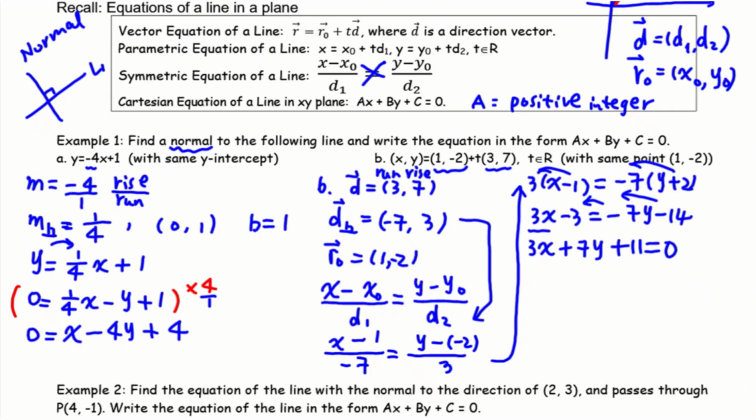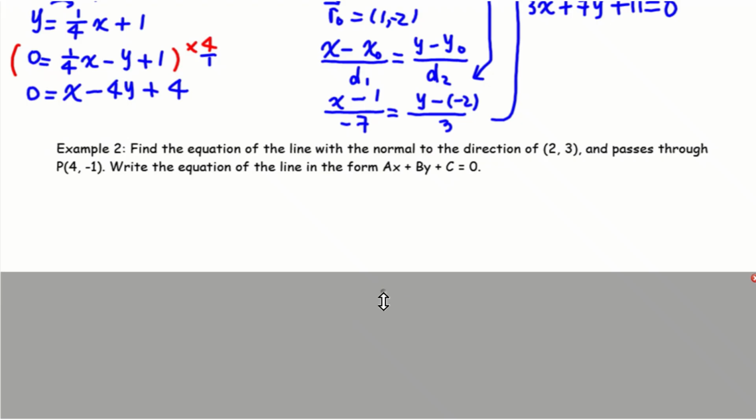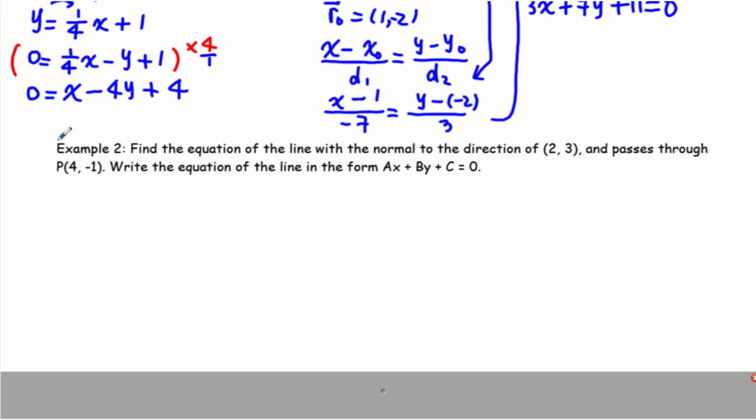Then we are going to practice more on the normal. So this is example 2. Find the equation of the line with a normal to the direction of this 2, 3 and passes through a point. Write the equation in this form. So the normal will give us just a flip and a negative.